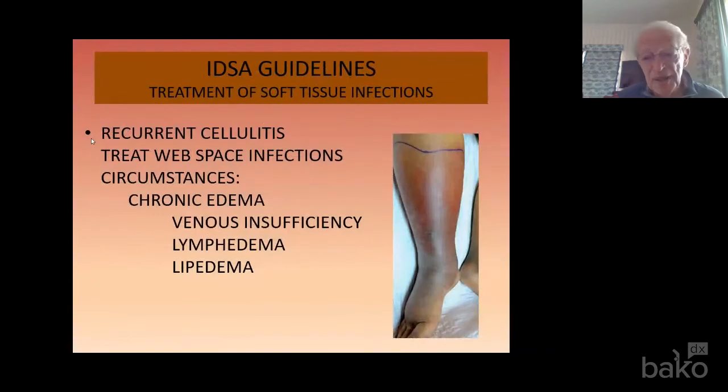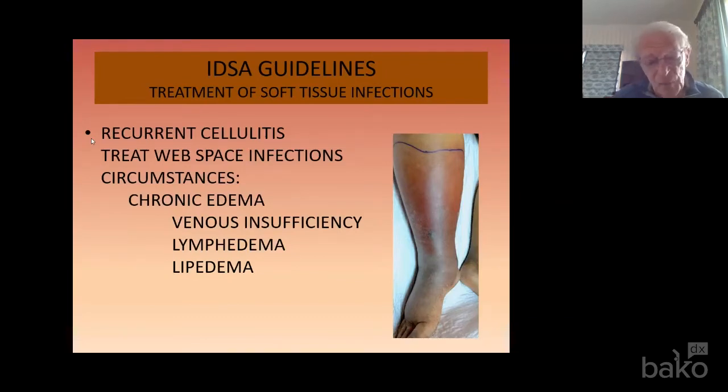These are the most recent guidelines from the Infectious Disease Society of America, for example, talking about these patients we all see. They tend to be overweight. They tend to have edematous legs, and they get these episodes of recurring cellulitis. And frequently, this is due to untreated toe web space contamination and infection.